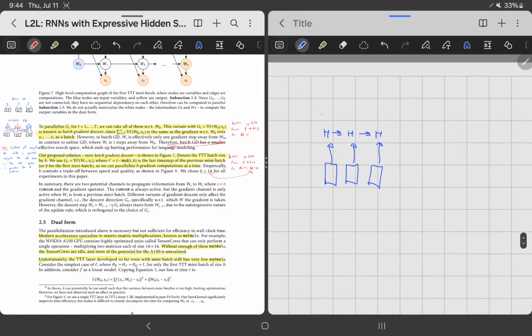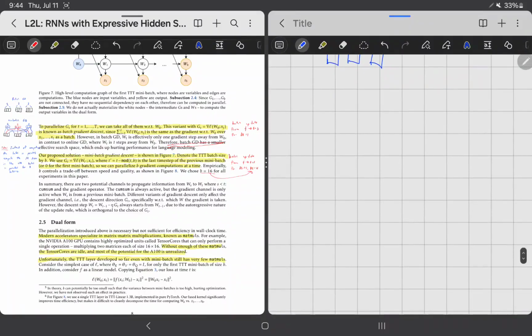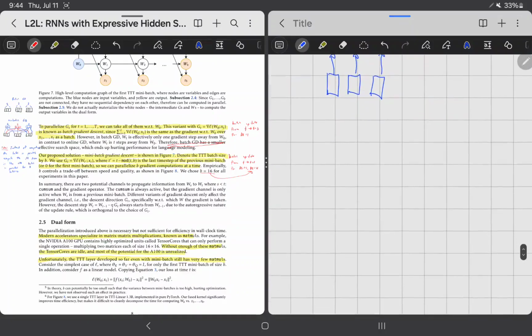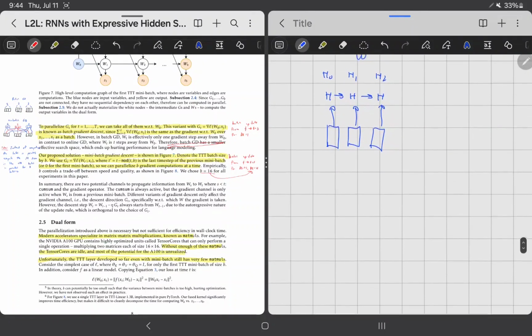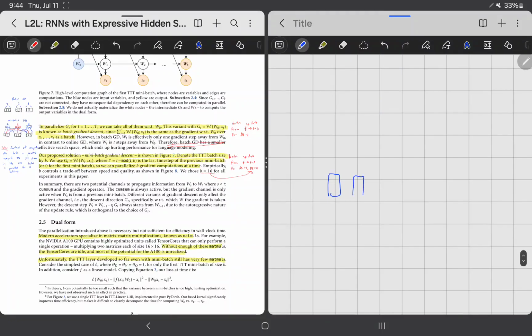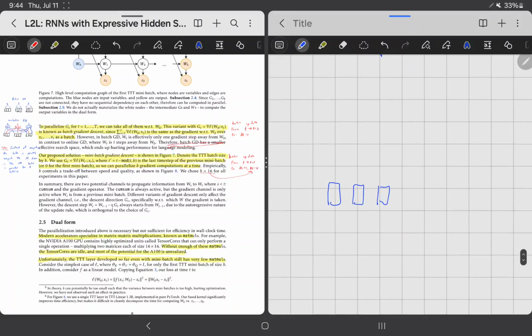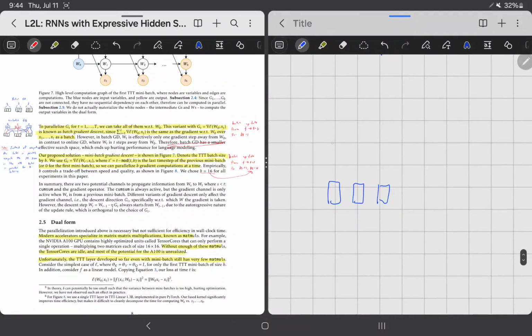Now, this basically requires H0, H1, and H2. They call it W in the paper. I'm going to call it H because I personally think it's more intuitive. And this requires our sequential operation. Now, what we can do is say, well, what if instead we base these tokens on basically hidden state 0 only?